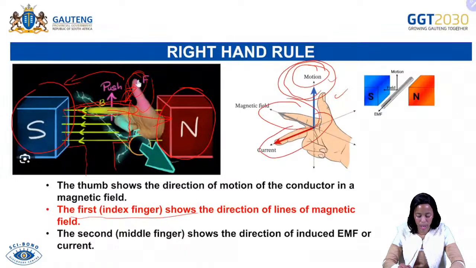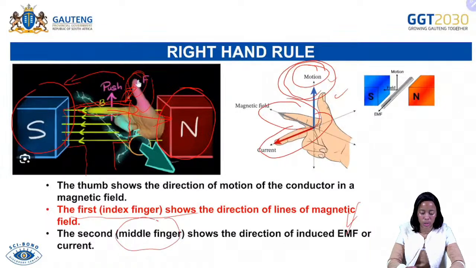Then the second or middle finger shows the direction of the induced EMF or the induced current, so the produced current or the produced voltage in this case. So you need to make sure that you know how to use the right-hand rule.